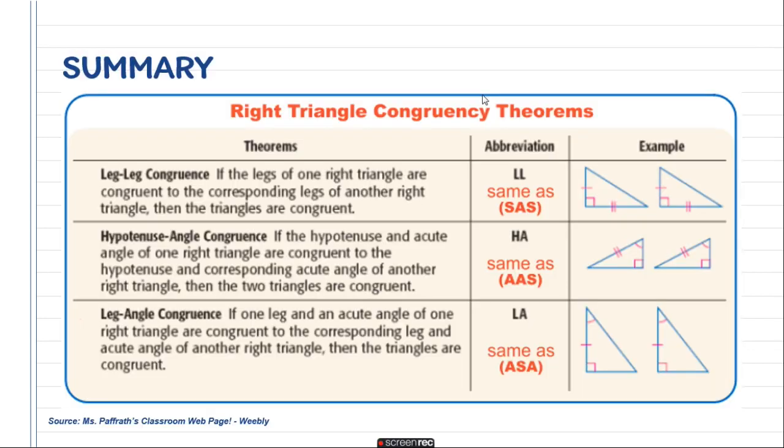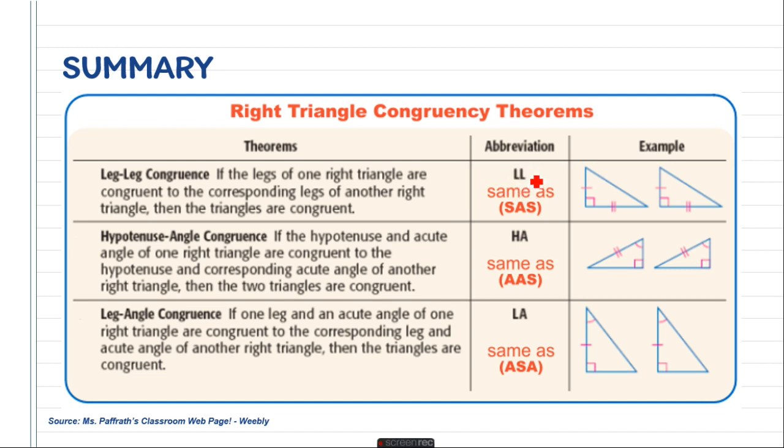Let's have a summary of the different right triangle congruence theorems. We have actually four: the LL, the HYA, the HYL, and the LA. This summary shows us the relationship of the right triangle congruence theorems to the triangle congruence postulates.